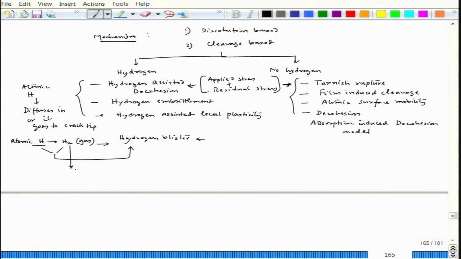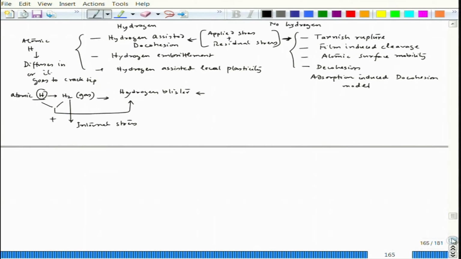Hydrogen actually leads to an internal stress, which evolves when we have hydrogen blister. Since this hydrogen comes from corrosion product, and corrosion as well as stress is involved, we can say that this is also partially stress corrosion cracking, where the stress is evolving because of hydrogen gas formation inside the material.